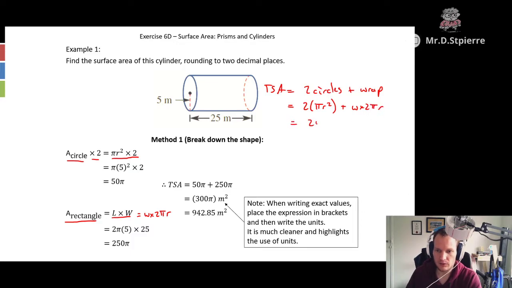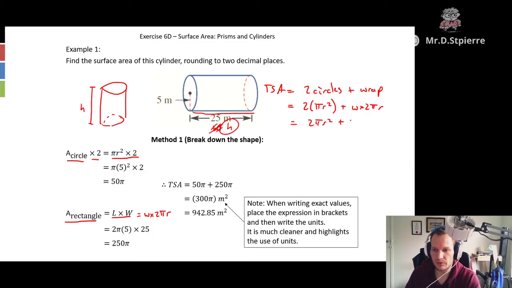So we get 2 pi r squared plus, and in this case we don't actually call this the width, we call it the height of the cylinder. So effectively how tall, because you can imagine the cylinder being like that, and that length there is exactly the same as that length there. So instead of W, we call it height. So we end up with 2 pi r h, and that's our equation. Shows where it comes from.